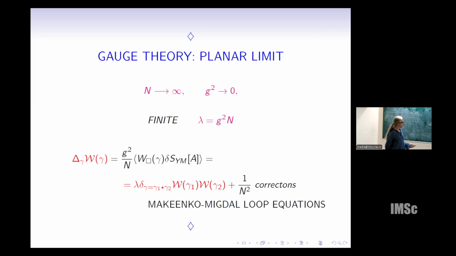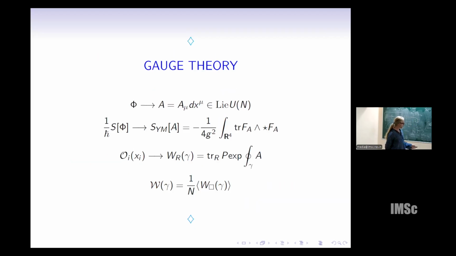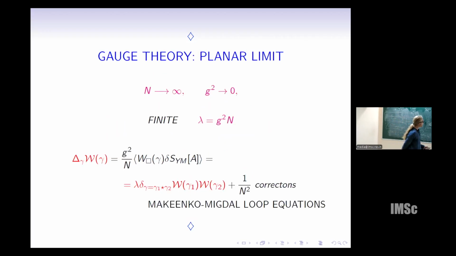So your observables are Wilson loops, the expectation values of the holonomy of the gauge field around some loop gamma, in, let's say, the fundamental representation of U(N) or SU(N). And the limit is the 't Hooft planar limit. It's a limit where the number of colors N goes to infinity, the gauge coupling goes to zero, but the product of gauge coupling and N stays finite.